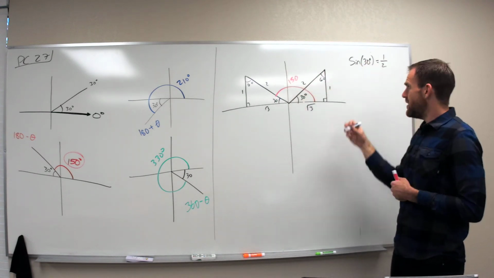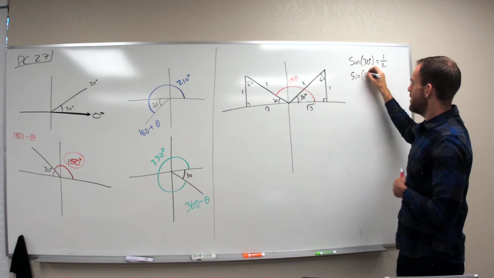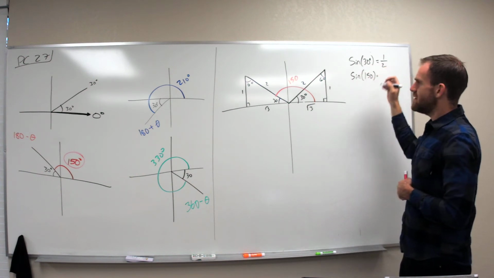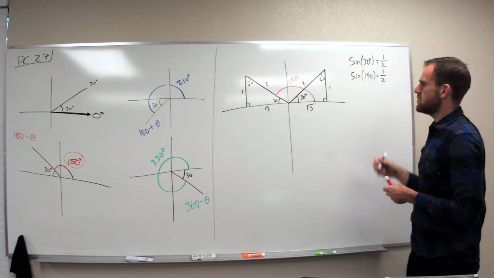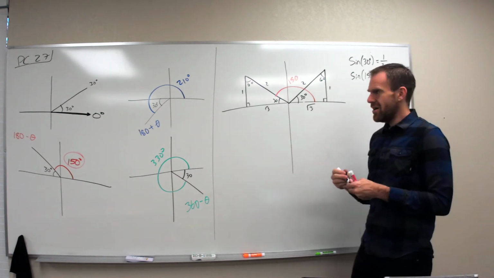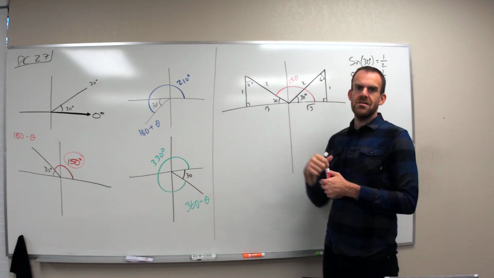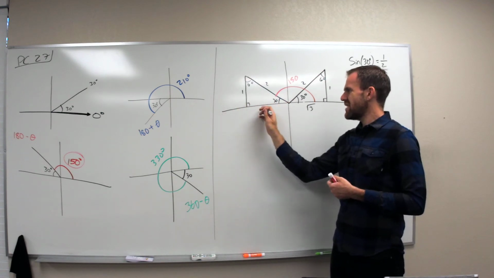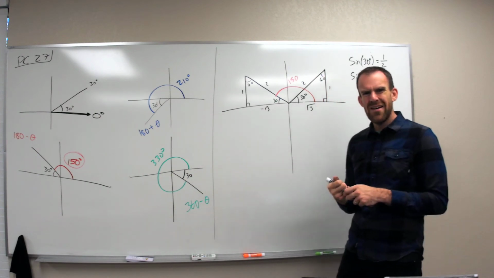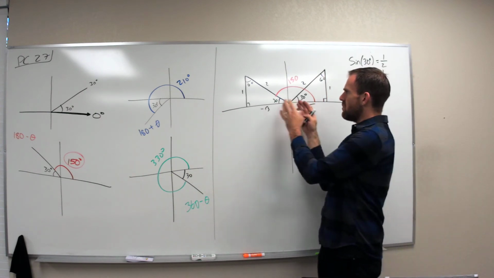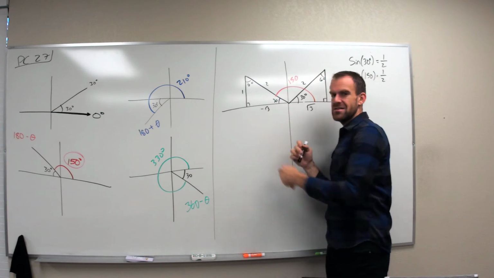So I can find sine of 150. It is still 1/2. Something I want you to note here, I went up to get 1, but I went back to get the root 3. So I'm going to make that negative. Even though we don't really have negative distances, when we mark it on the coordinate plane, that makes sense.